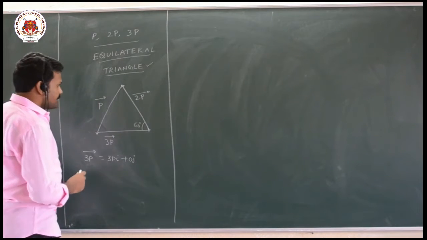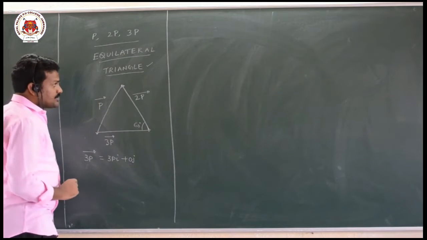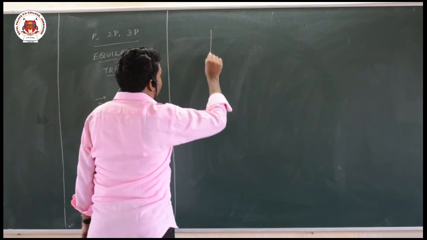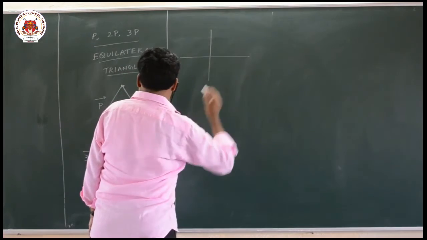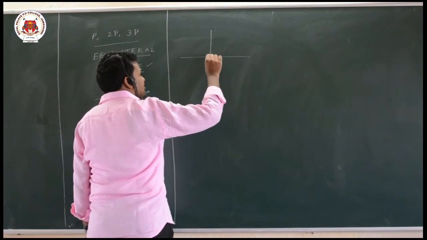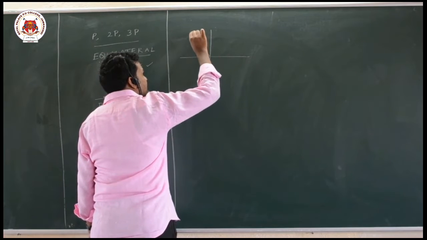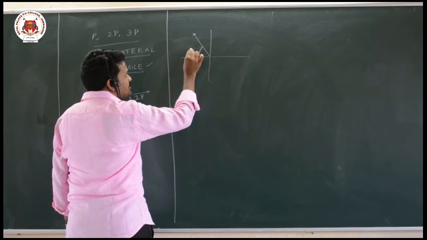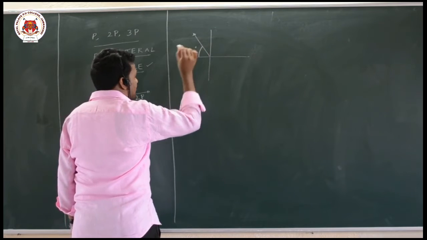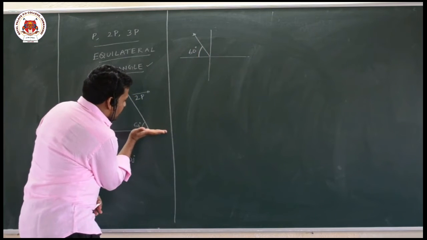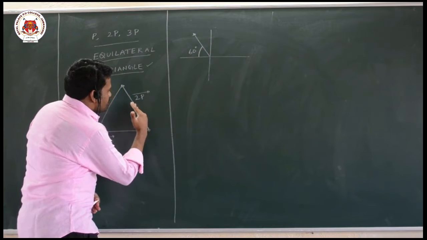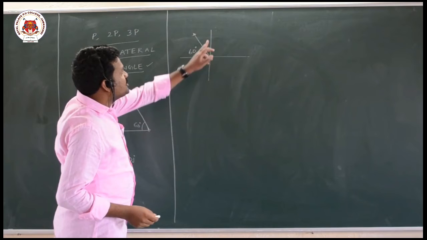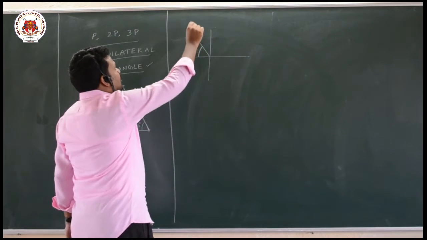Similarly, next I am taking 2p bar. If you observe 2p bar in the coordinate axes, it is acting in this direction, making an angle 60 degrees with the x axis. You can observe here this vector is making more than 90 with the x axis. That means it is present in the second quadrant.